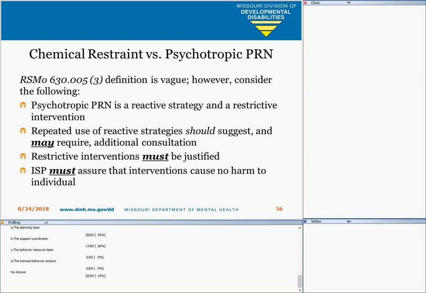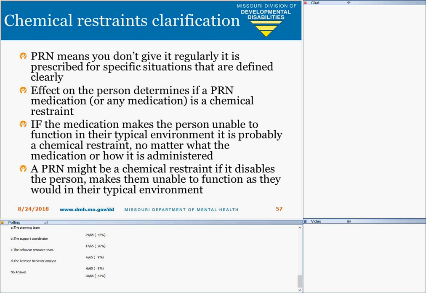If it's a restrictive intervention, it has to be justified in the individual's ISP, even though it's prescribed by a physician. The team still needs to put the rationale for its need in the ISP, and they also have to assure that they've considered that this medication, to the best of their information, is going to cause no harm to the individual. We have to do this according to statute.